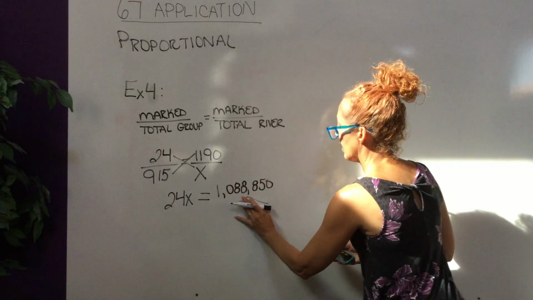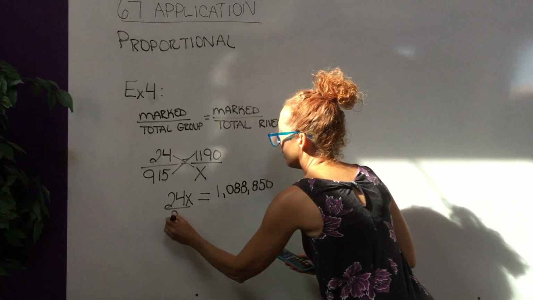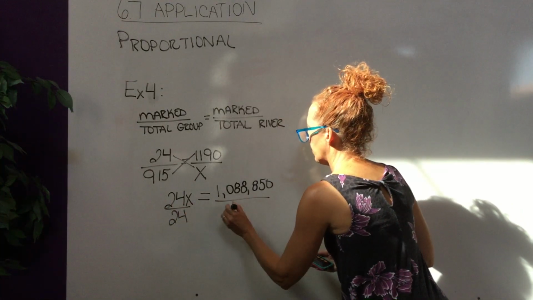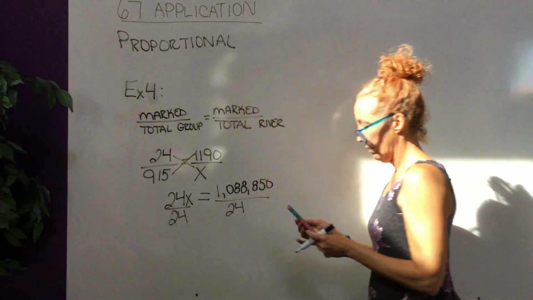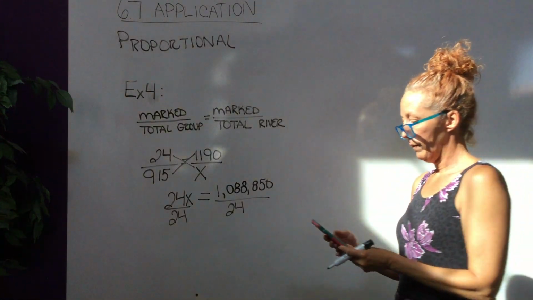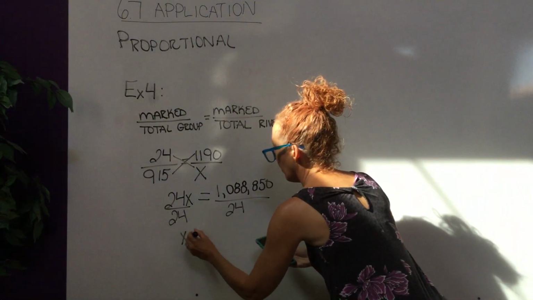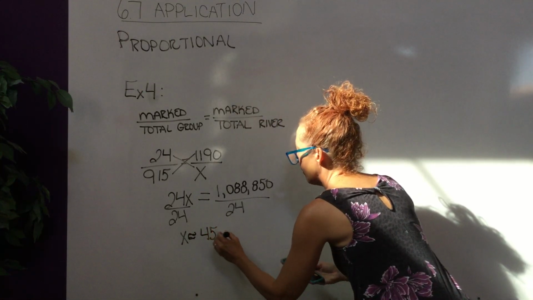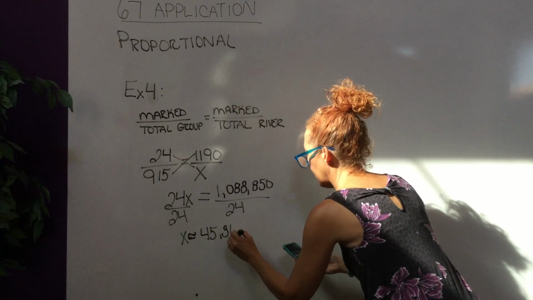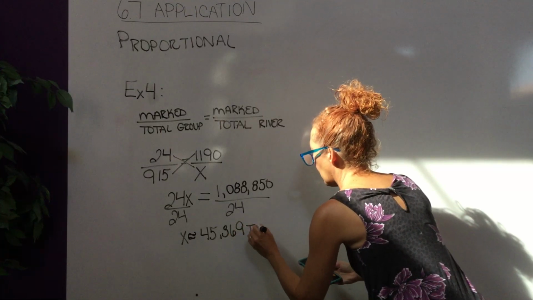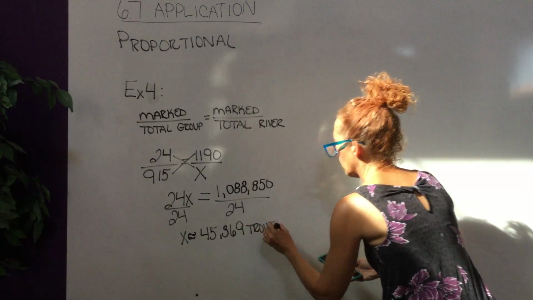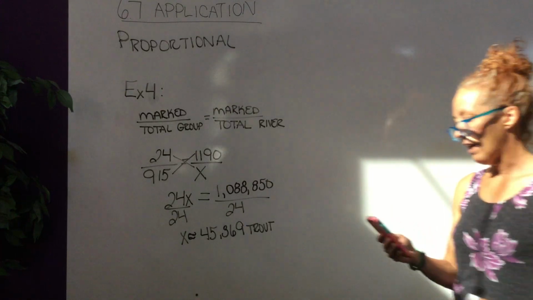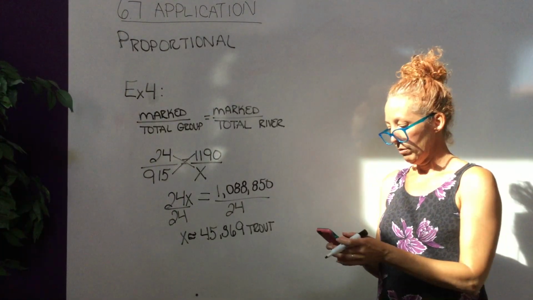So then we're going to take that and divide by 24. And we get that there are about, I'm going to round this up, 45,369 trout in our river. Because you can't have 0.75 trout.